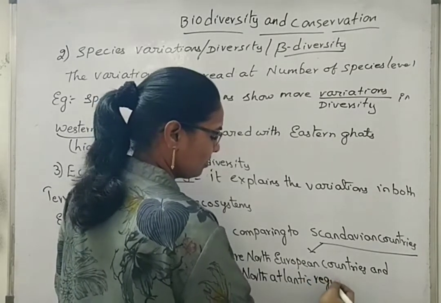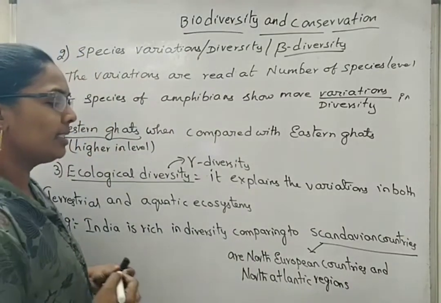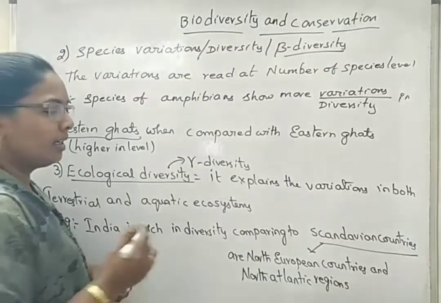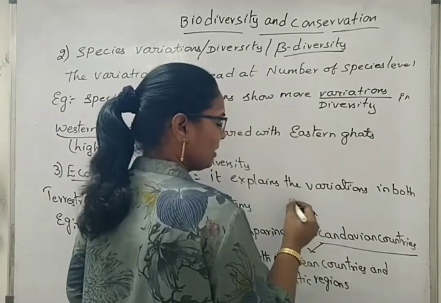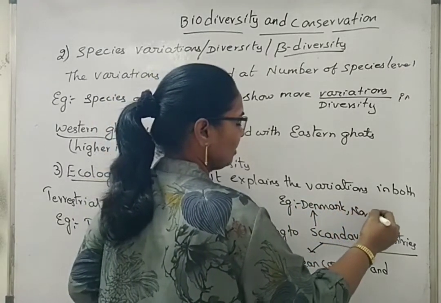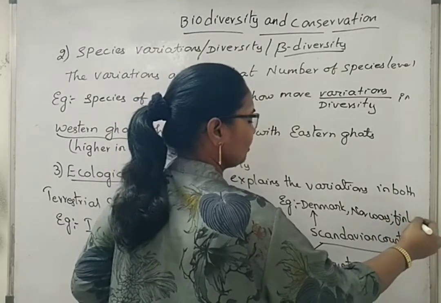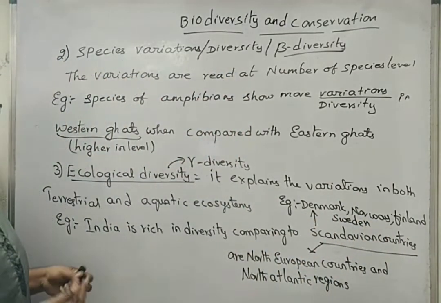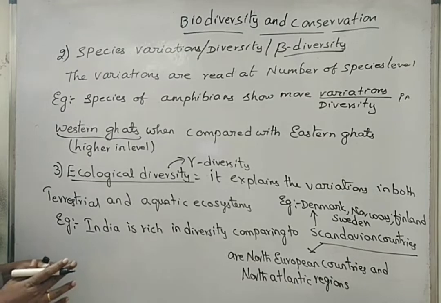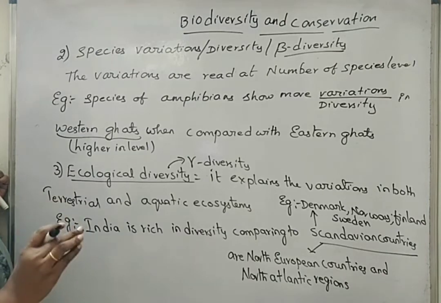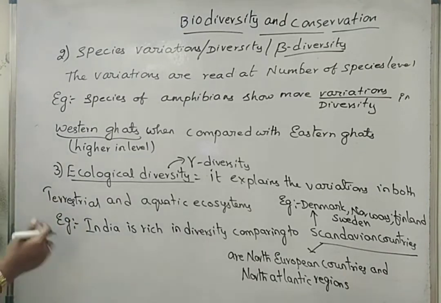Here, the term Scandinavian, it means one of the places in Sweden, and here we see a few country names, for example Denmark, Norway, Finland, Sweden, etc. So totally there are 7 Scandinavian countries. Here we don't need those, so I'm not mentioning all those countries. Just for example, what is meant by Scandinavian? Scandinavian is the term given to one specific geographical area in Sweden. Now all of them are considered under Scandinavian countries.